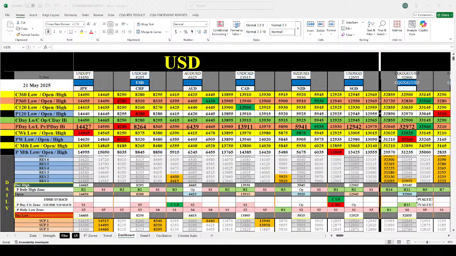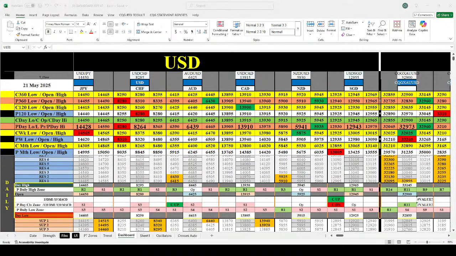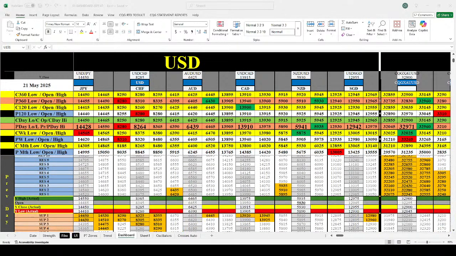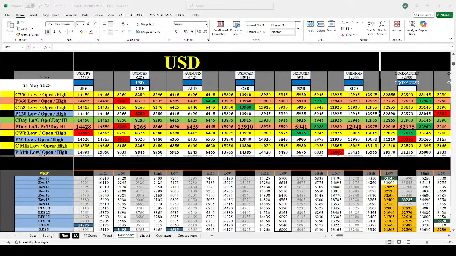Okay, so now let's see where we can sell. We'll try to sell near 59.70, and our TP should be 59.65.